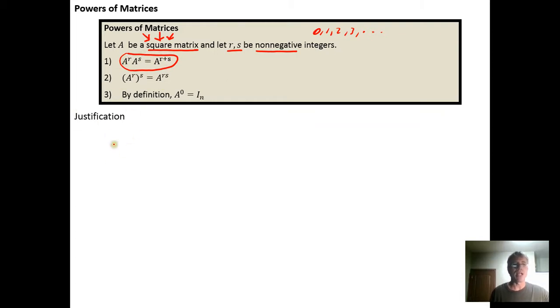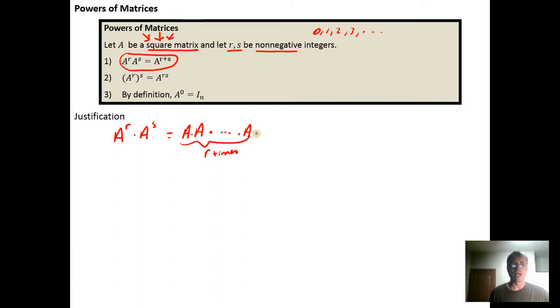And a justification for that would be simply to identify that if we have non-negative integers, these are really counting numbers. So if we have A to the R times A to the S, this A to the R means multiply A times itself times ... times itself, and you would be multiplying it by itself R times.